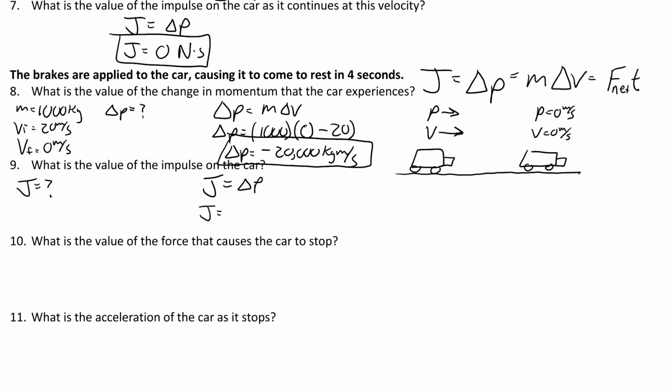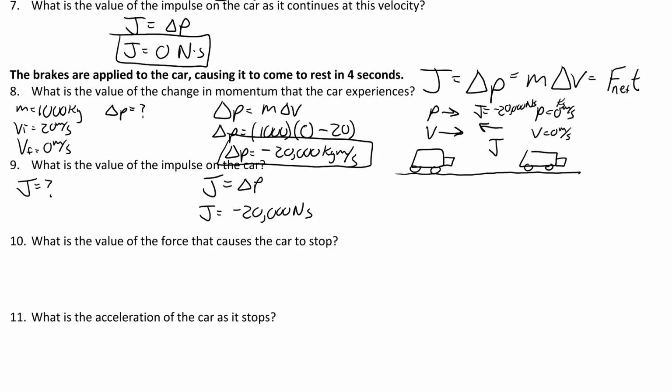So the impulse is equal to negative 20,000, and I call it Newton seconds because now we're talking about an impulse. So that's what slowed you down. This impulse of negative 20,000 Newton seconds is slowing you down, opposing your motion, slowing you down to 0 meters per second, 0 kilogram meters per second for the momentum.